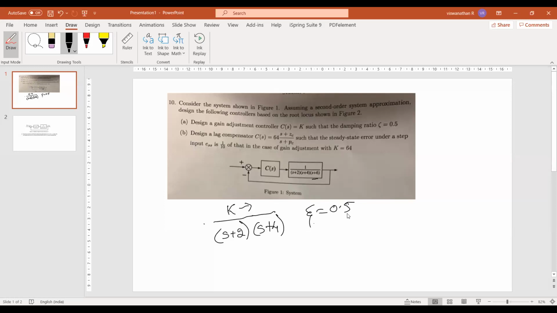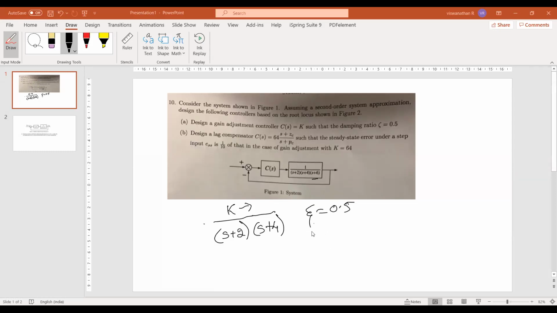So how do you do this? Zeta equal to 0.5 when it is given. So we put s equal to 0 and then we find k, sir.